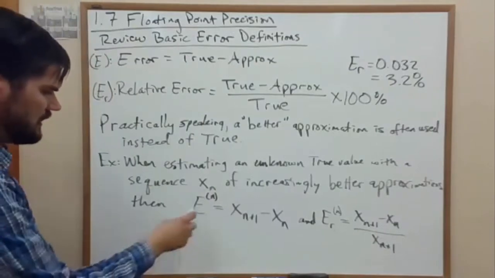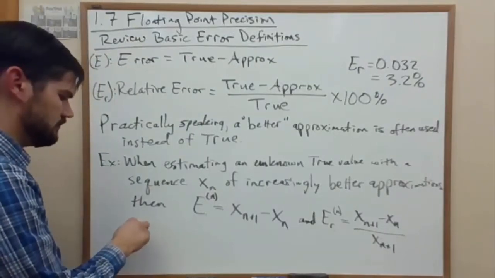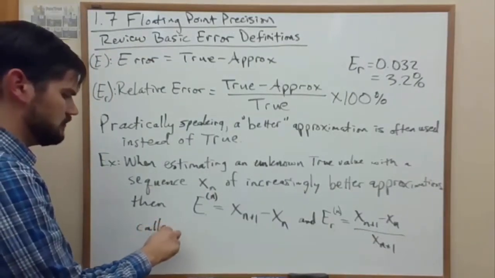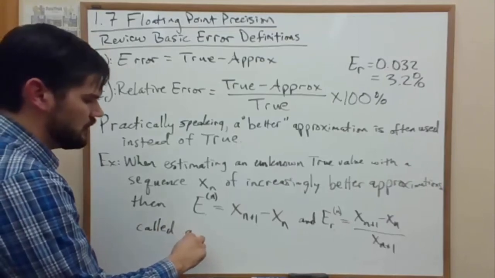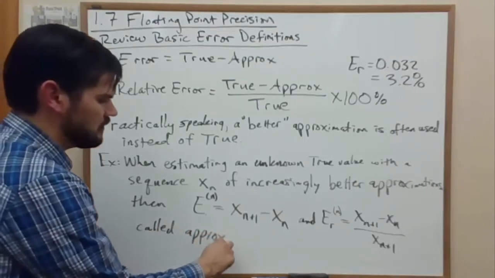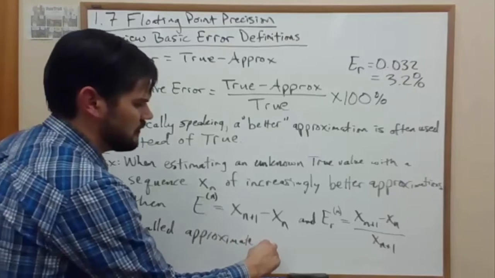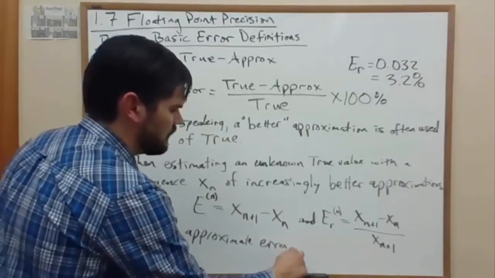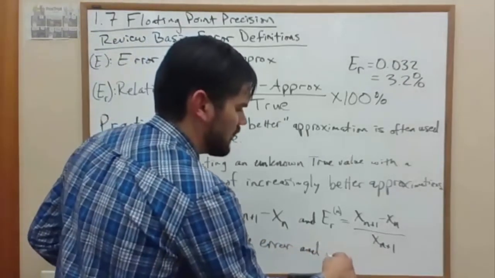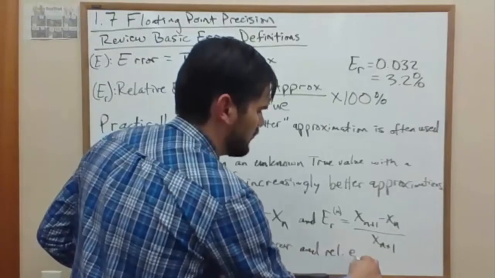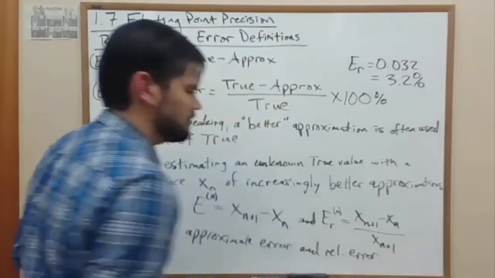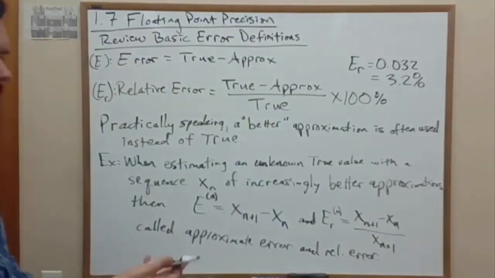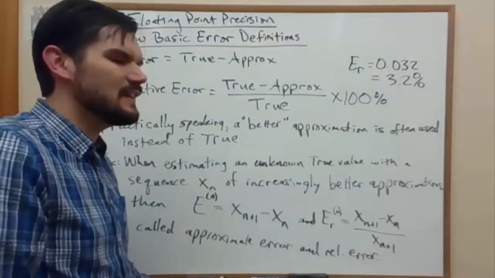And these are known as the approximate error and approximate relative error at the nth step, in a sense.